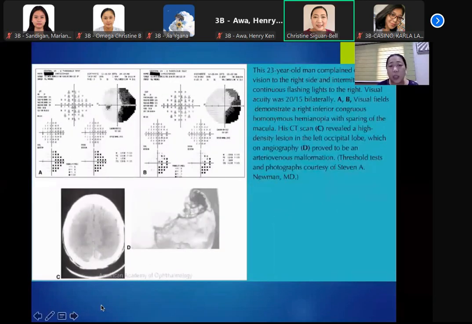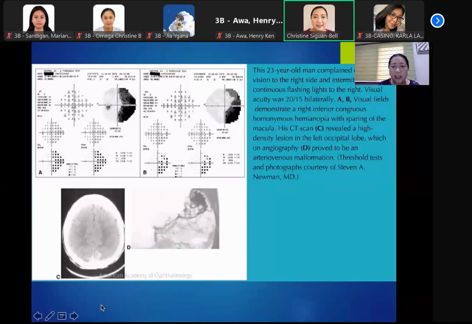Another example is a 23-year-old man who complained of blurring of vision to the right side and intermittent but continuous flashing of lights to the right. VA is 20/15 bilaterally. Visual field demonstrates a right inferior congruous homonymous hemianopsia with sparing of the macula.